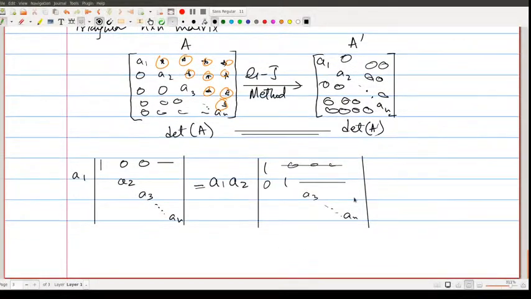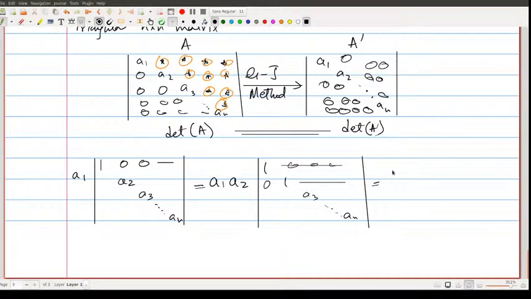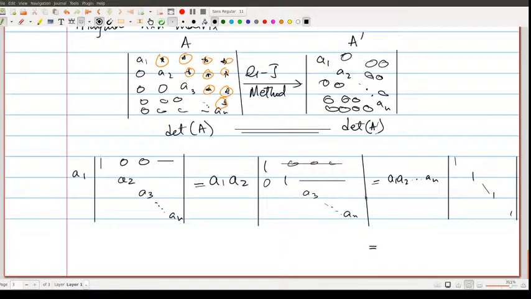So the determinant will then be equal to A1, A2 up until AN, times the determinant of the identity matrix. And I know that the determinant of the identity matrix is just 1. So the determinant is equal to A1 times A2 times A3 up to AN.